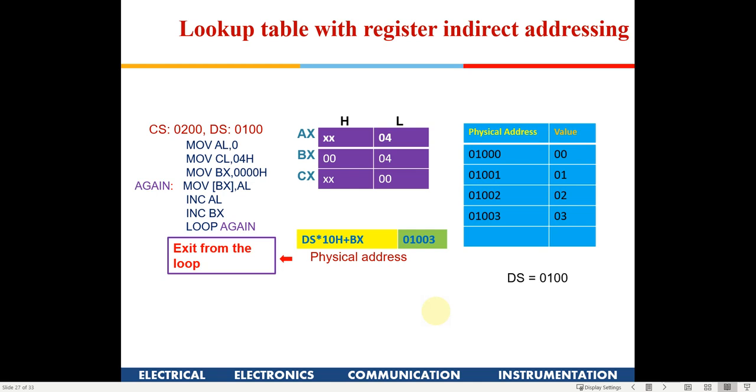Whatever value we put in CL, that many times the loop will execute. Before executing the loop command, it will check the value of cl. If it is 0, it will exit the loop. If it is not 0, it will decrease the value of cl and go to the position where it is.